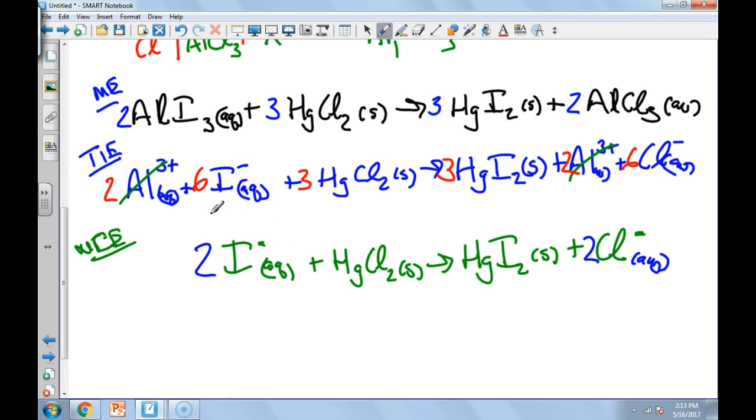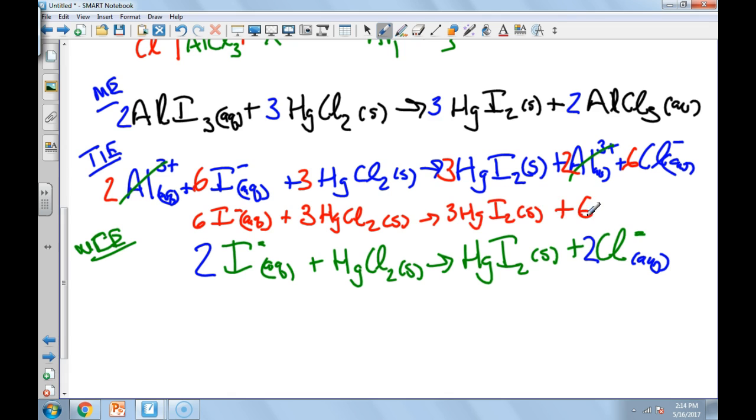And so what that does is that gives us 6I minus aqueous plus 3HgCl2 solid reacts to form 3HgI2 solid plus 6Cl minus aqueous. Okay? And so why are these two the same?